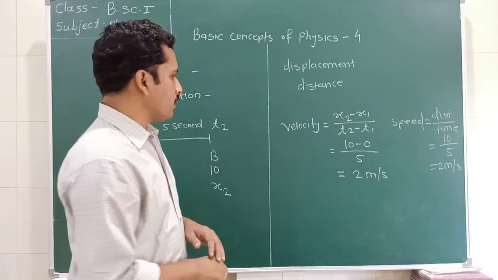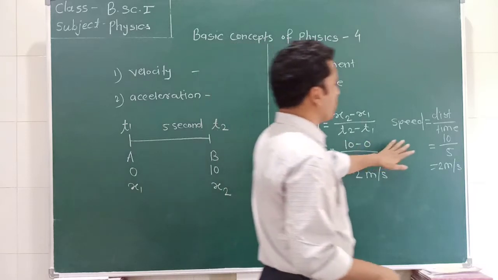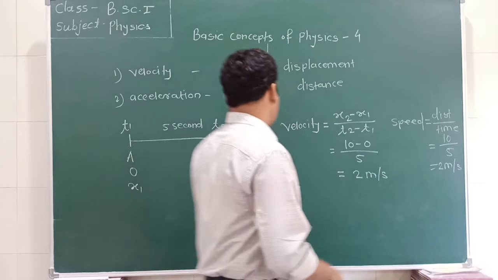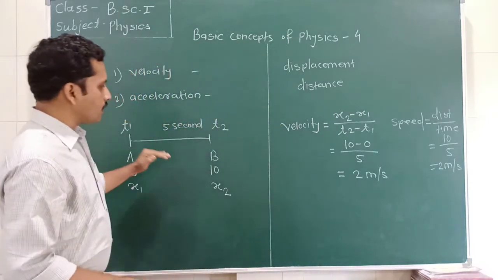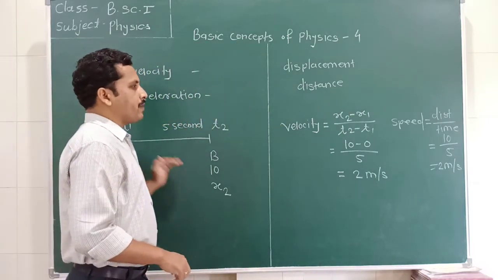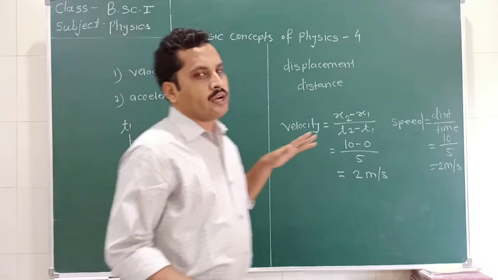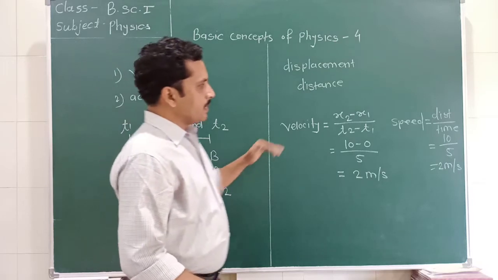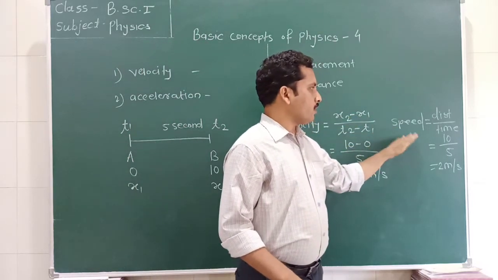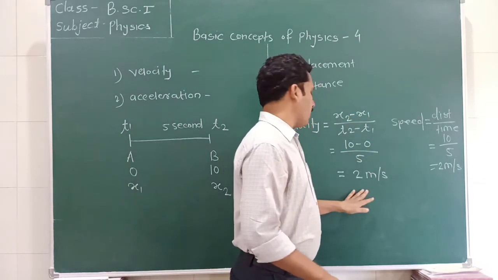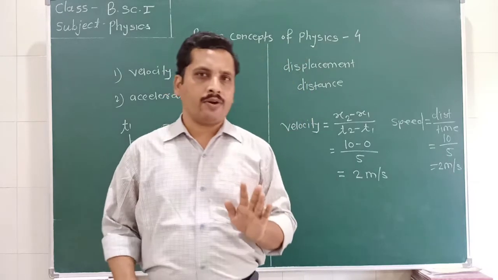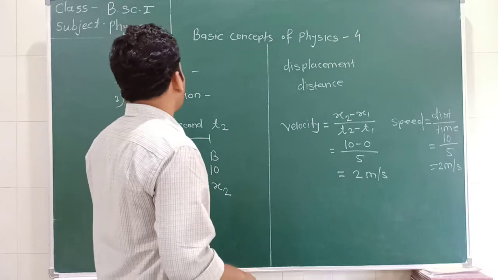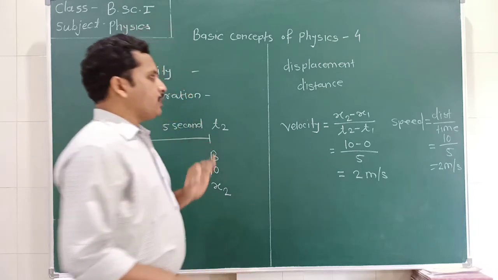If we observe, velocity and speed both have the same value. This is because the displacement is taking place in only one direction. If the direction is reversed, then the values of speed and velocity are different. So this is all about velocity and speed.